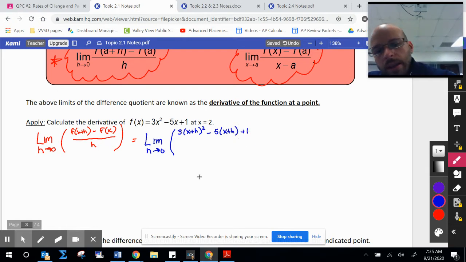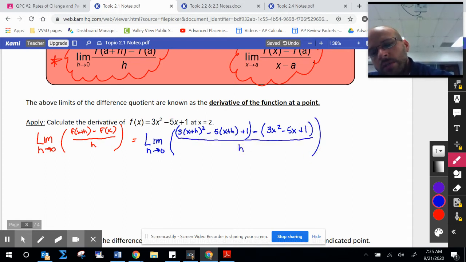Then I'm going to subtract. This was the x plus h function minus the original function with just x as the argument, all over h.